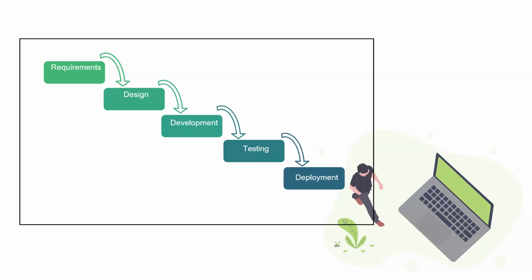Once all of that is done, you start to develop. You give it to engineers, they do all of the coding, and then they give it to your testers, your QA people. The QA people test, make sure everything is okay, and do plenty of back and forth. Once that is done, you commission, and then you deploy.